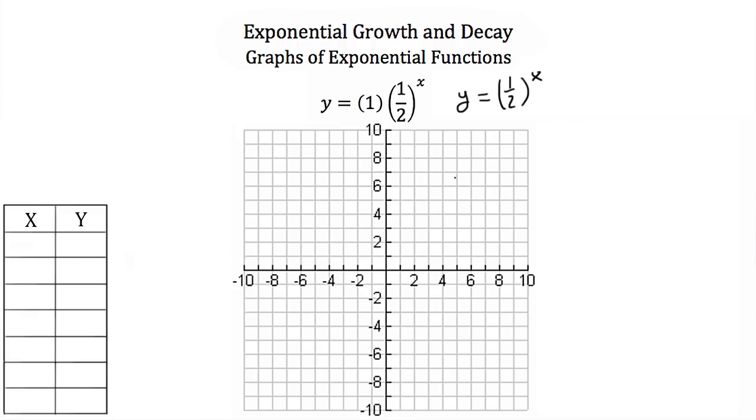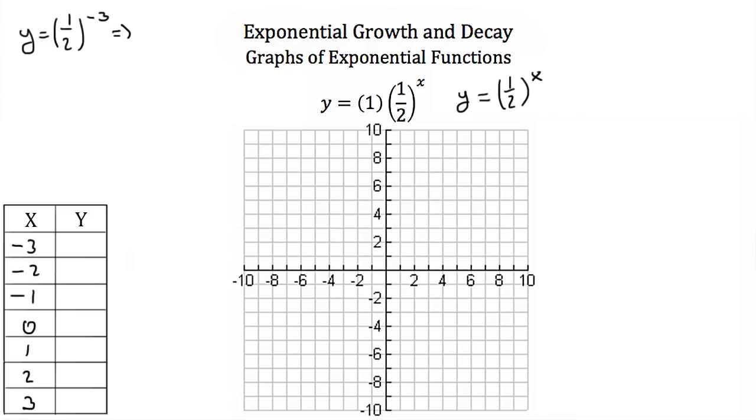to the x. And if I want to graph this, I'm going to need several x values that I can plug in to find my y values. Again, I'm going to choose -3, -2, -1, 0, 1, 2, and 3. If I plug in -3 for x into this equation, I get y is equal to 1/2 to the -3rd power.